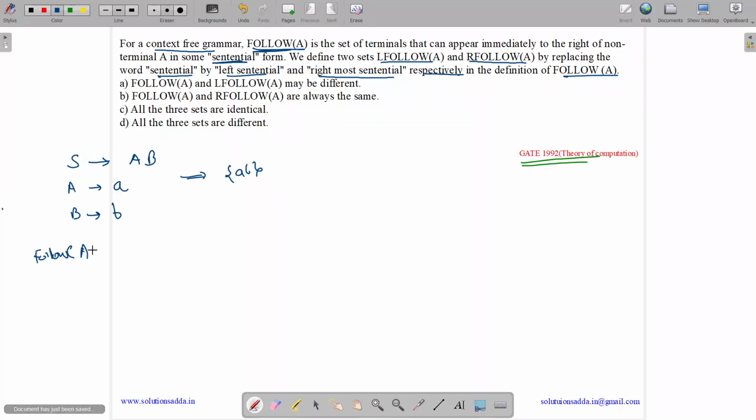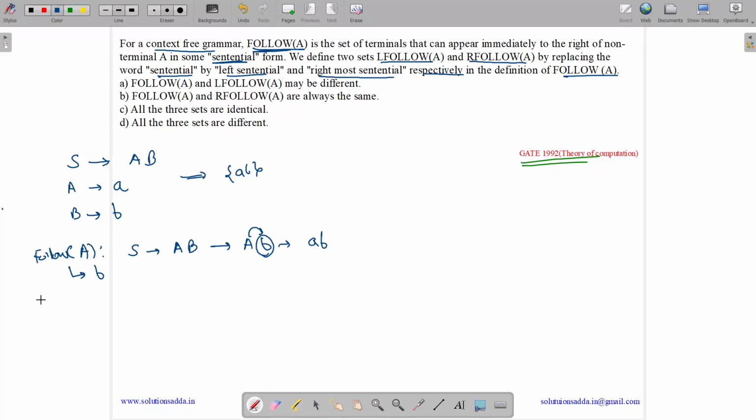According to the definition, follow of A is the set of terminals that appear immediately to the right of non-terminal A in some sentential form. If we have S derives AB, then B is reduced to b, then we have Ab. So the only terminal that appears to the right of A is b. So follow of A is b.